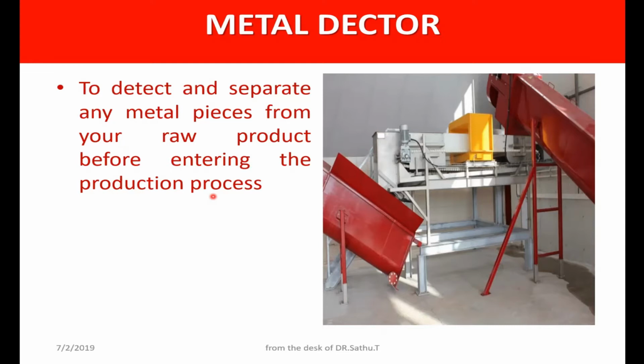If they enter the renderer or the cooker, there's a chance for the cooker to break, or tearing of the cooker can take place. So it is always better to remove the metals. For that, you can use the metal detector if possible. It is advisable to use a metal detector.